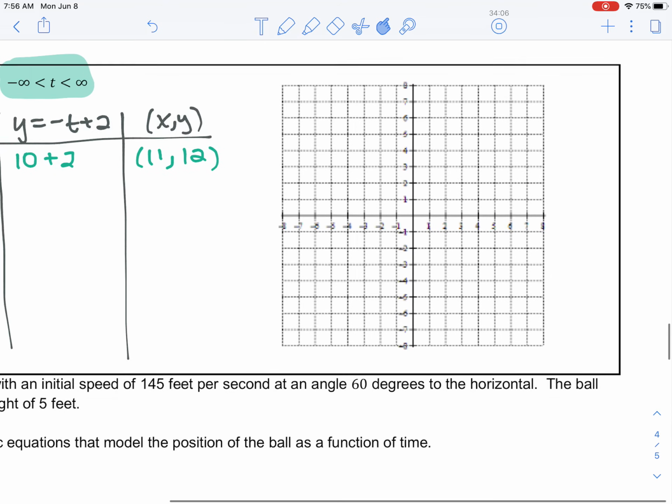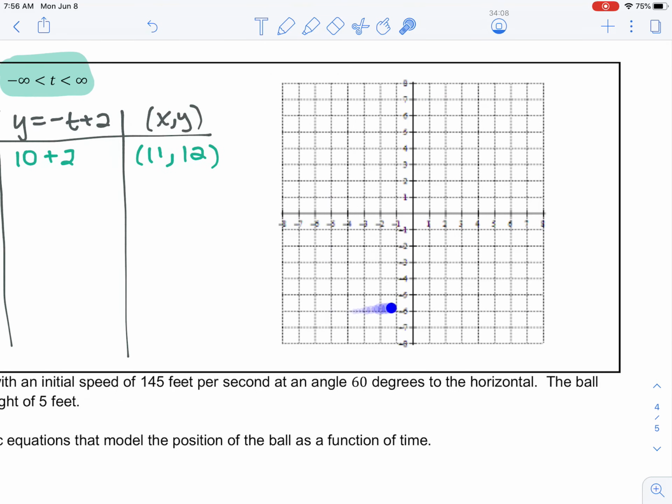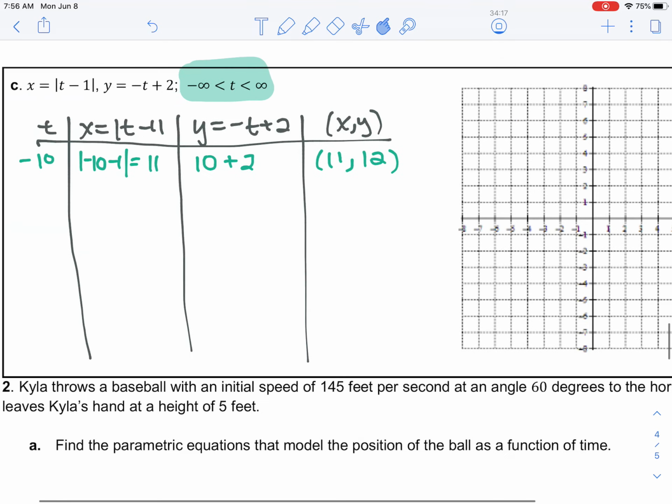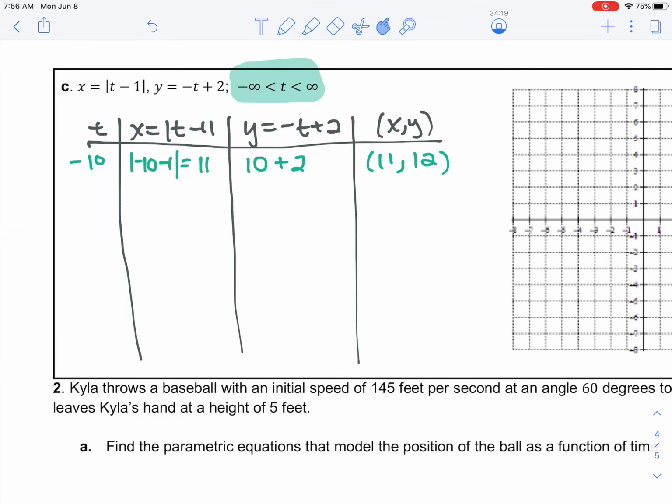And when I look at my graph, I'm not really set up to plot that, right? I would have to go pretty far off my graph up here, and that's going to be pretty difficult to recognize the shape. So if you ever pick a t-value that doesn't quite fit your grid or isn't super helpful in starting to see the shape, just back up and try again.